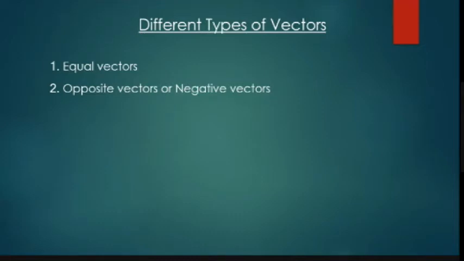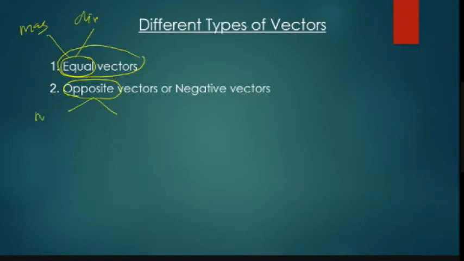Here you see equal vectors: the magnitude is equal, the direction is equal. Opposite is a term related to direction only. So negative or opposite vectors will have the same magnitude, but the direction will be opposite.